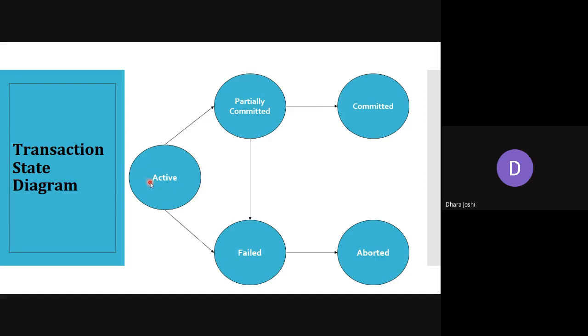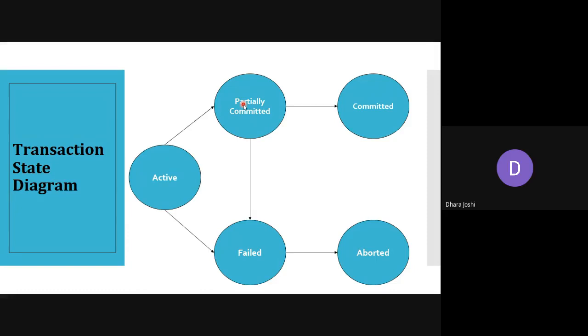Suppose meanwhile a failure occurs, then we go into the failed state. Or else the possibility is that all read and write operations are done successfully. At that time, we are in the partially committed state. Why? Because we are not directly reflecting our updates into the database. Instead, we are updating the data in a temporary file, or we can say a buffer.